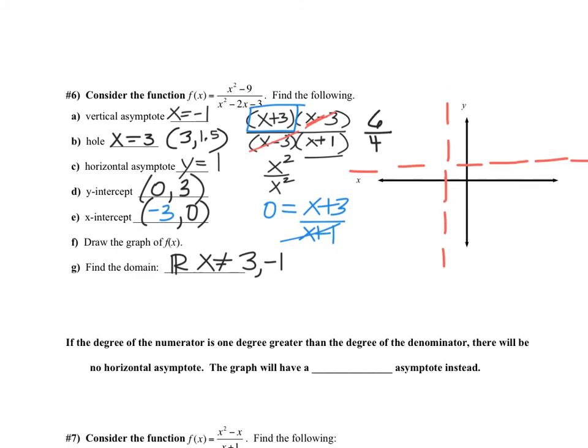We're going to go to positive 3, then up 1.5. So 1.5 would be right about there, and draw a hole in the graph. And then I also have an x-intercept of negative 3. So this is 1, 2, 3.